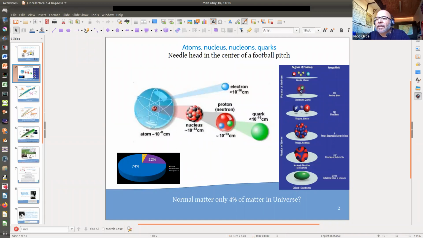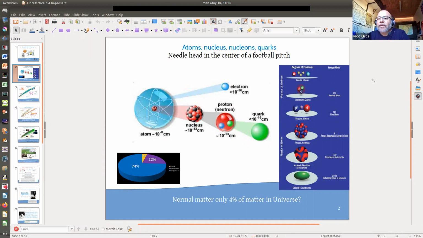A Fermi is 10 to the minus 15 meters. And normally we use the Fermi as the unit for nuclear physics, the same as we use mega electron volts. And you can see the electron is much smaller, and the quark is also much smaller than the neutron or the proton.